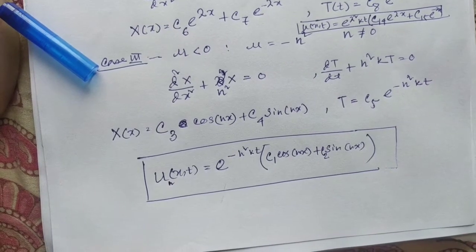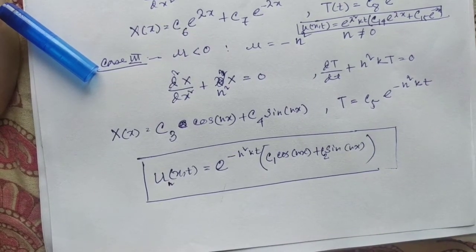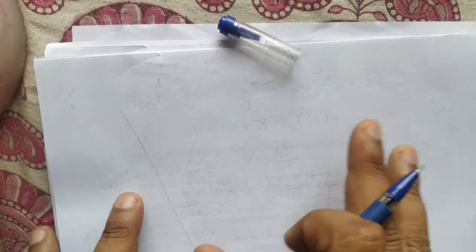Okay, so we will be going towards the next problem. In the last problem, we had not mentioned any particular initial or boundary condition, but for this problem we will be imposing some conditions. Slowly we will impose the conditions and check what is happening.